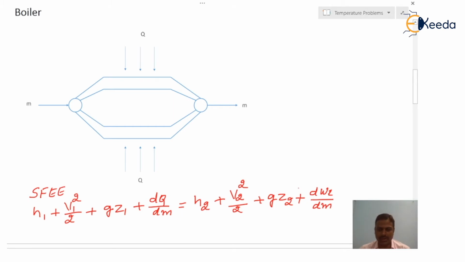See, in this boiler, definitely there is no shaft, so dWx/dm is 0.